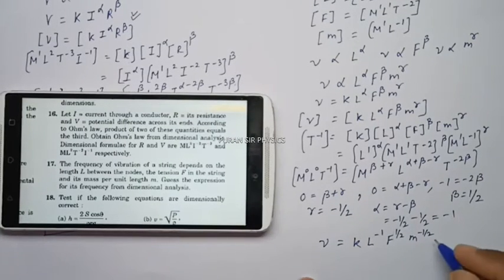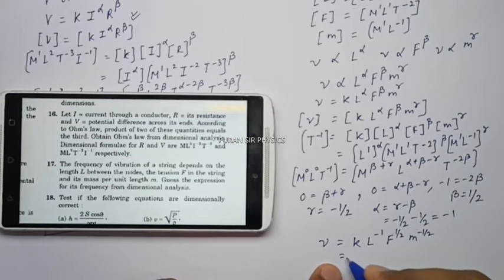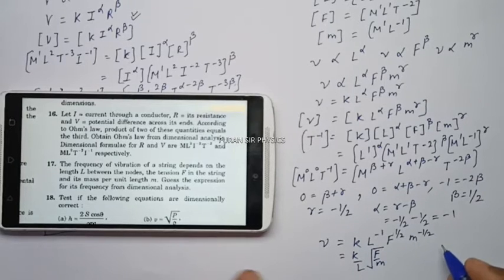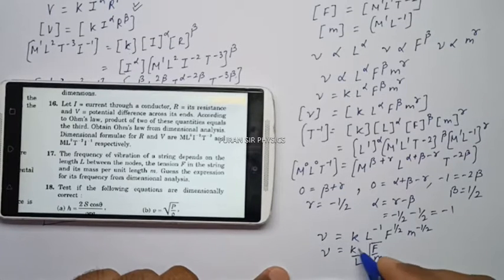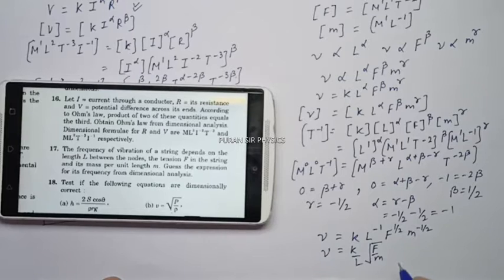So we can write it something like this. This is the formula for frequency in the string, and this k can be found out experimentally. So this is the answer of question number 17.